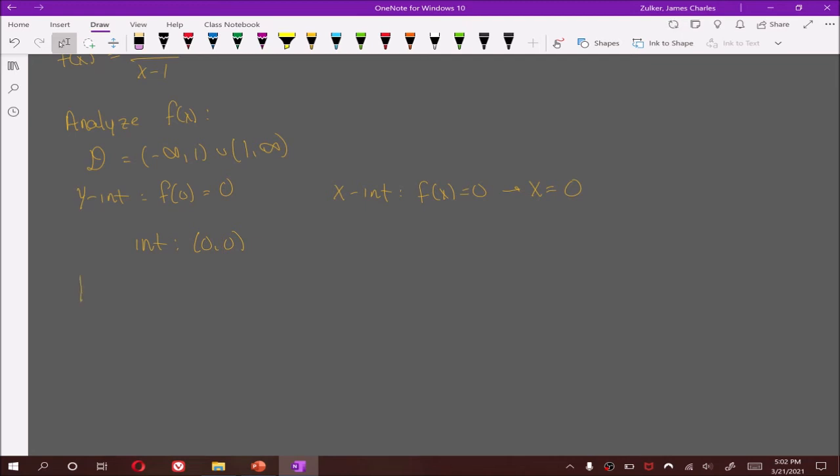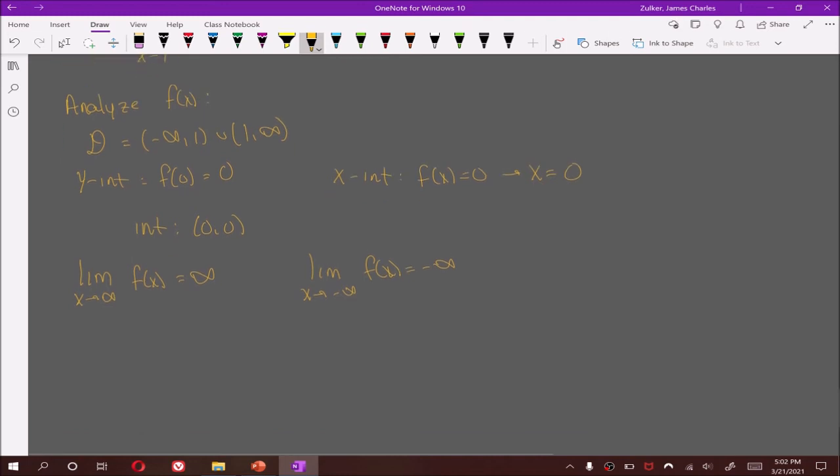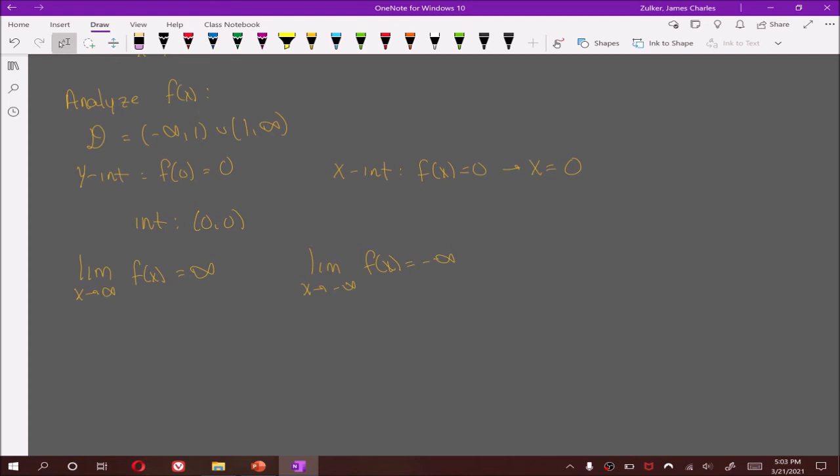For end behavior, limit as x approaches infinity of f of x is infinity. Limit as x approaches negative infinity will be negative infinity. We do not have any horizontal asymptotes.